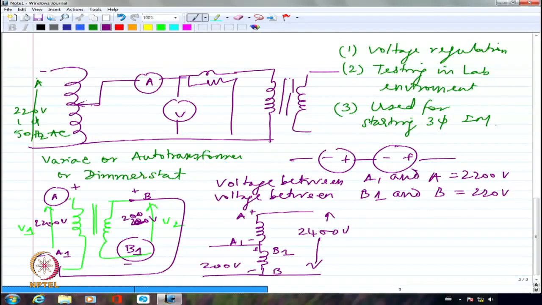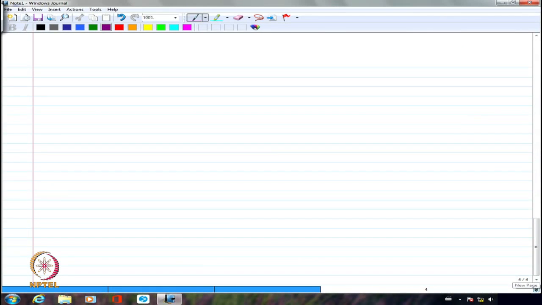So I am going to take my rating, which is 2.2 kVA, 220 by 110 volts transformer. Now, let me take open circuit test data and short circuit test data.